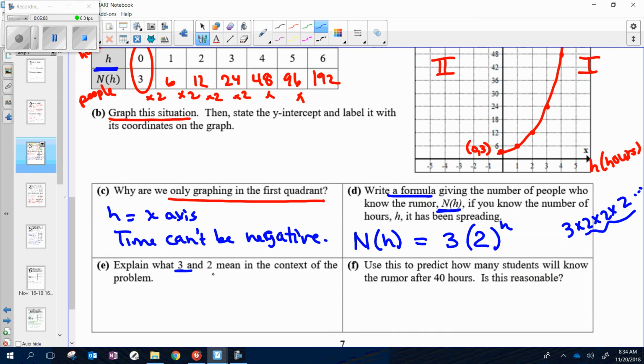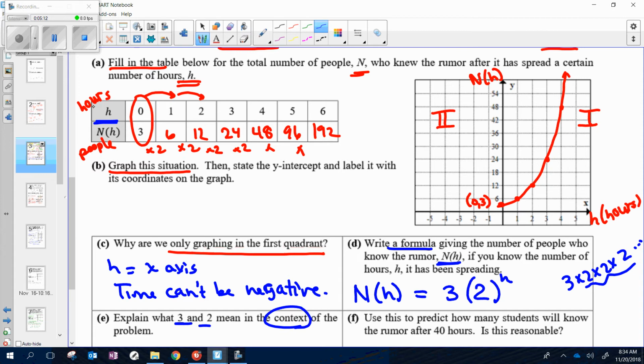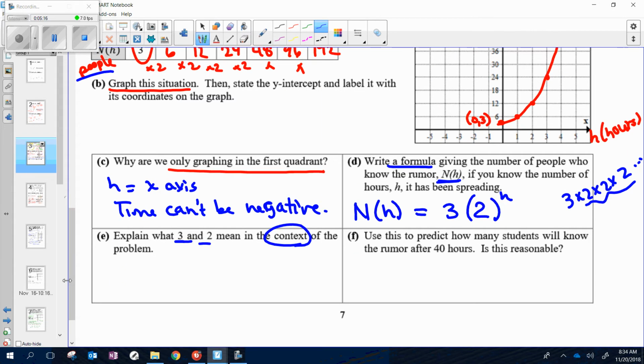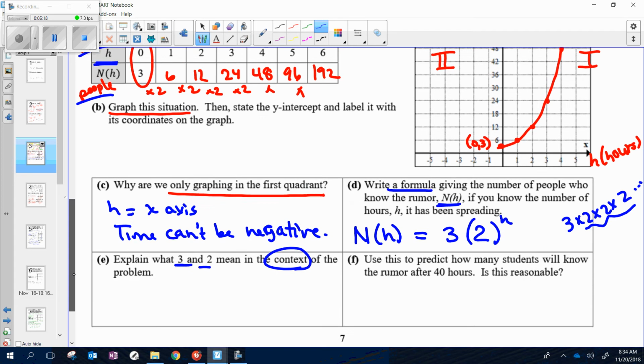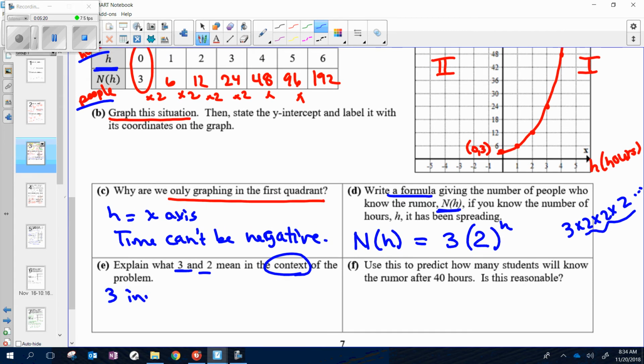Explain what the 3 and the 2 mean in the context of the problem, which means I need to go back to my table and look at the words hours and people, and the fact that it's about rumors. So 3 is the initial number of people who knew the rumor. Notice I didn't just say it's the starting value.